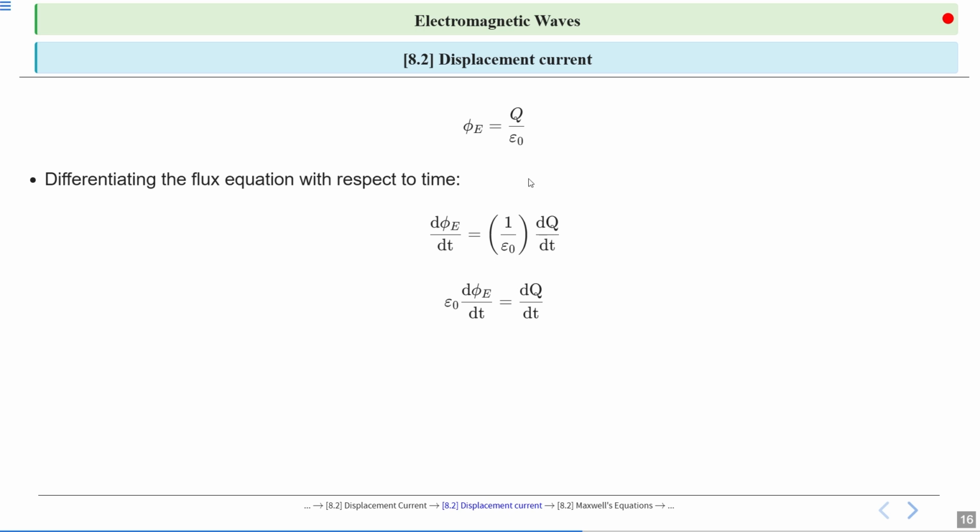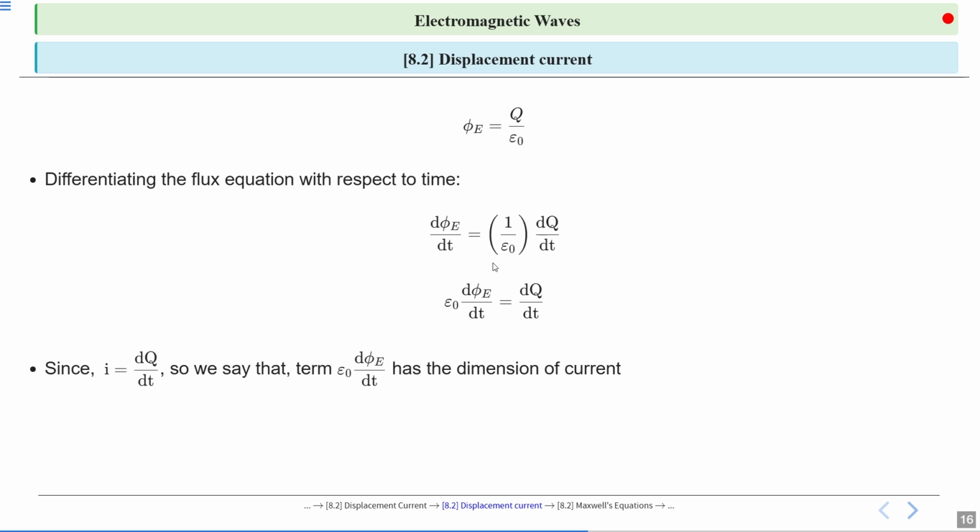Now you can shift epsilon naught to the left hand side. So epsilon naught d phi E upon dt becomes equal to dq by dt. This dq by dt is equal to current. That's why we call it displacement current.